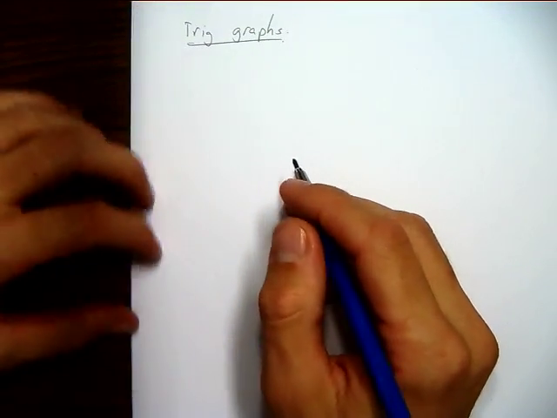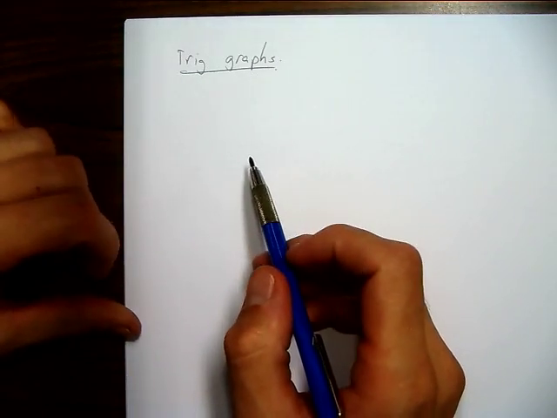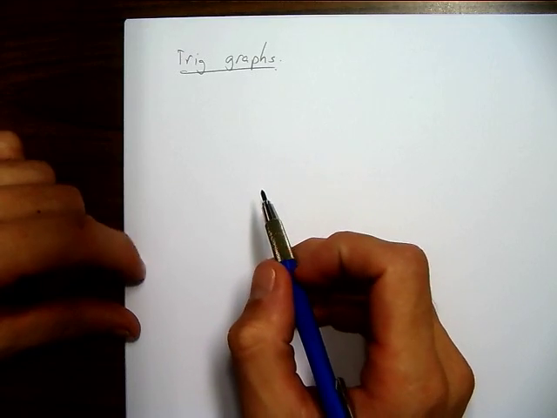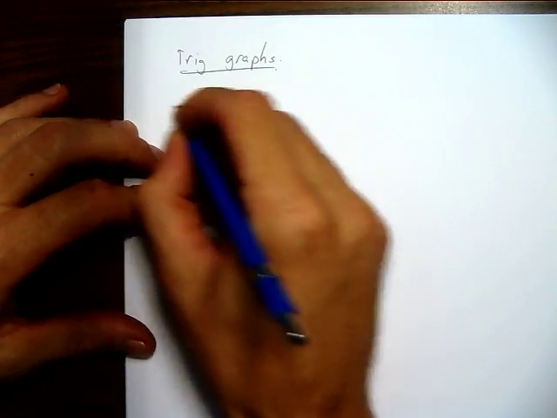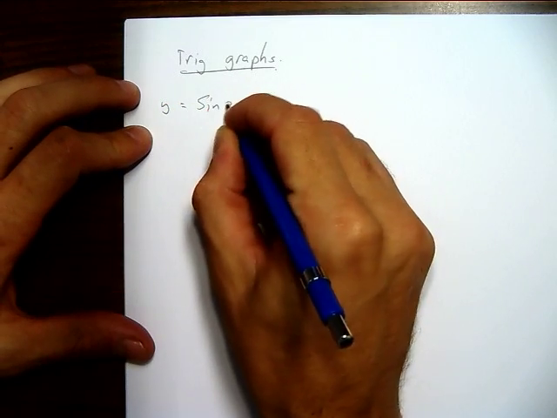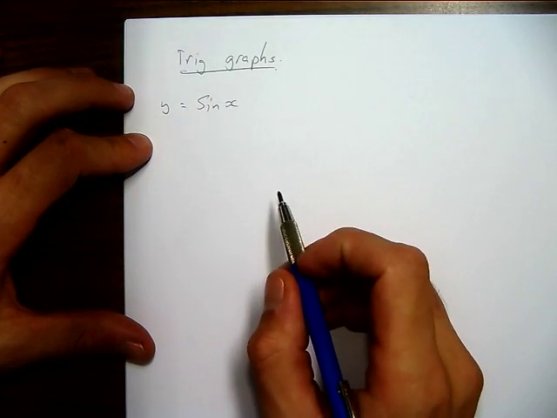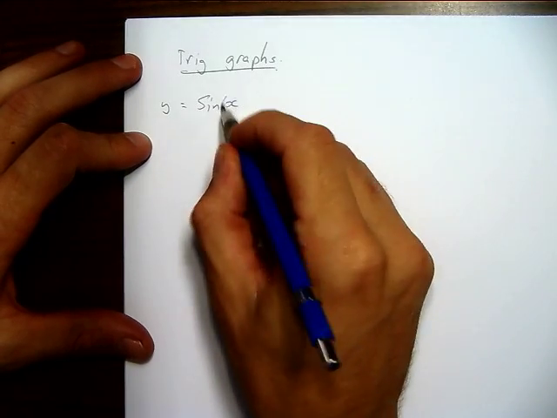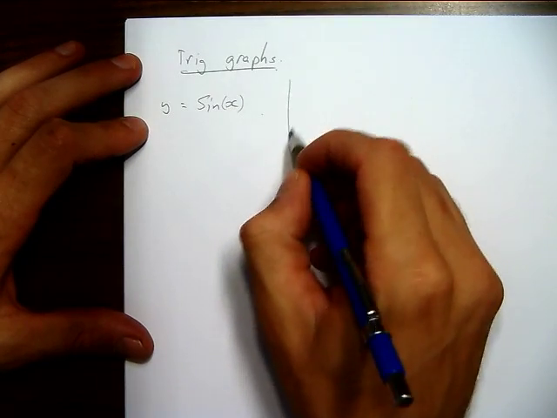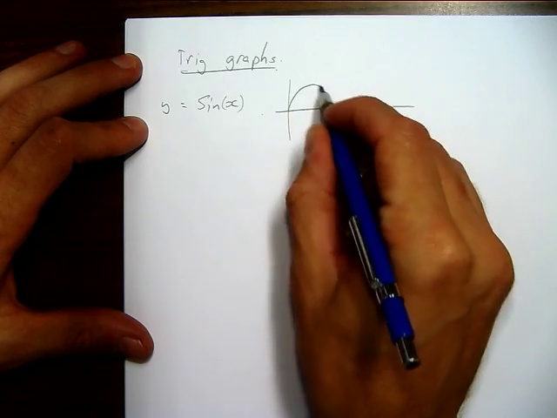So what graphs do we have that are the main ones we're interested in? Cosine. So we have the sine graph, which we all know looks like this.